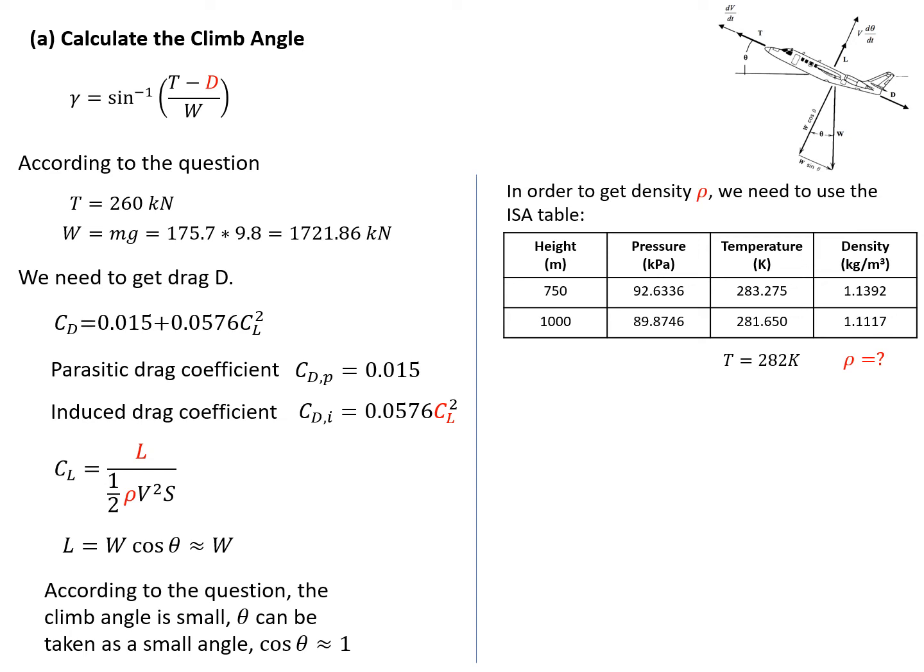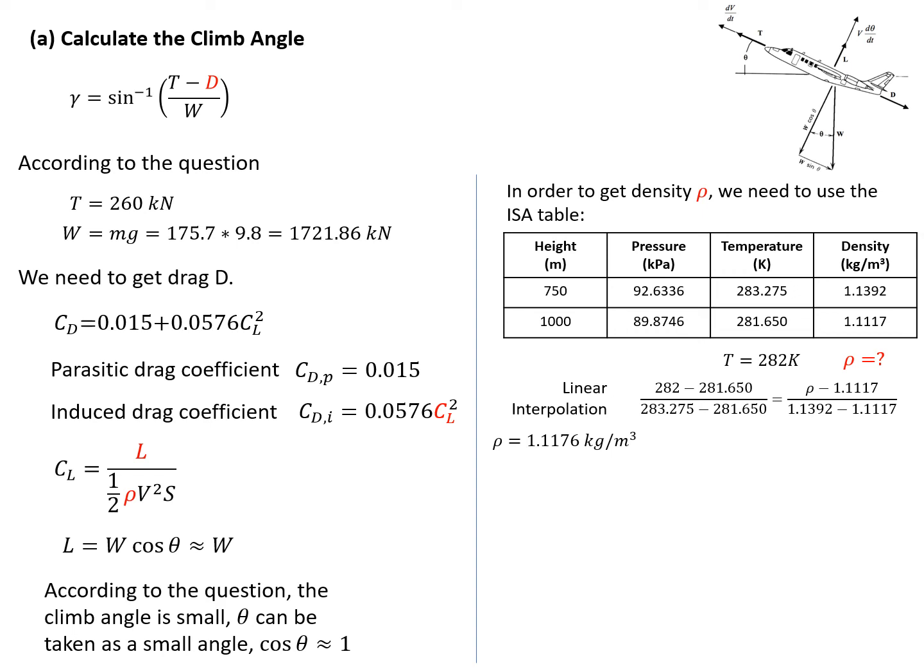So in order to get rho, we need to do the interpolation based on the ISA table, International Standard Atmosphere. So I've listed part of the table in here, and that's at height 750 meter and 1000 meter. We can see the temperature is between these two heights. So if we do the linear interpolation, we can find the density, which is 1.1176 kilogram per meter cube.